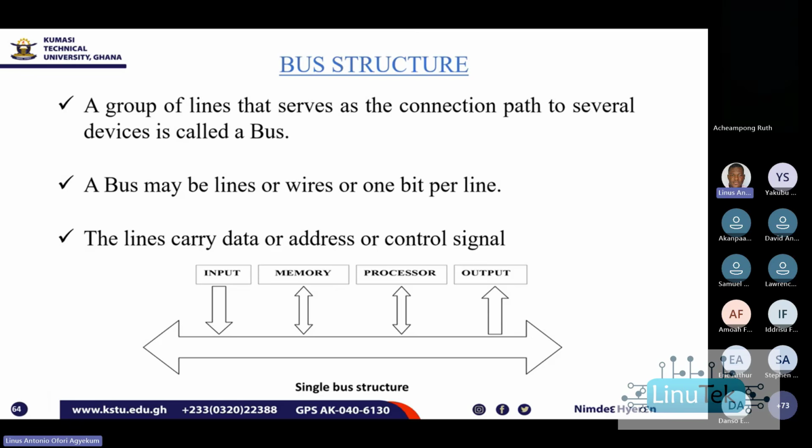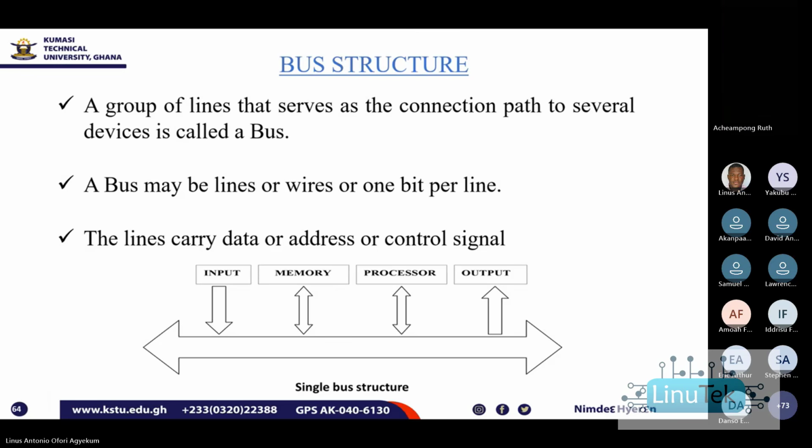Somebody may also decide that they will go through Ahinsan Estate, go through Atonsu, and pass through Stadium and come to KSTU. Someone may decide that when they get to Afonkwanta, they will go and pass behind KTI.